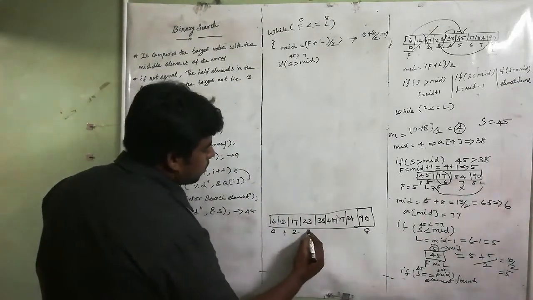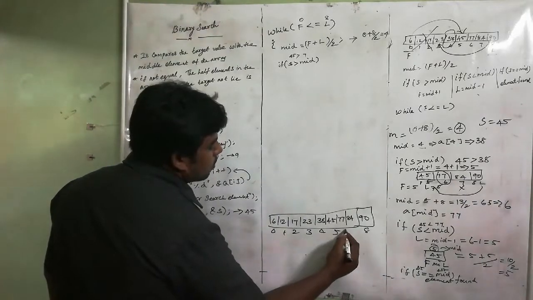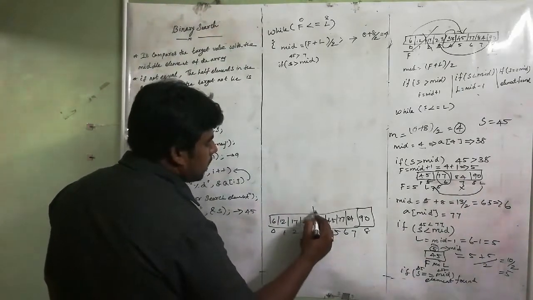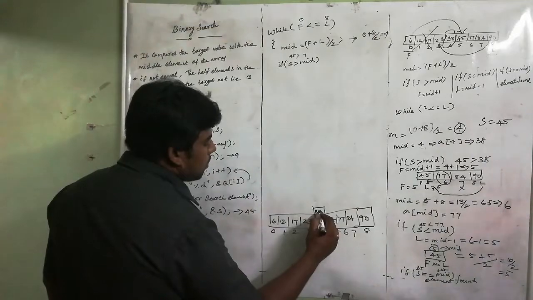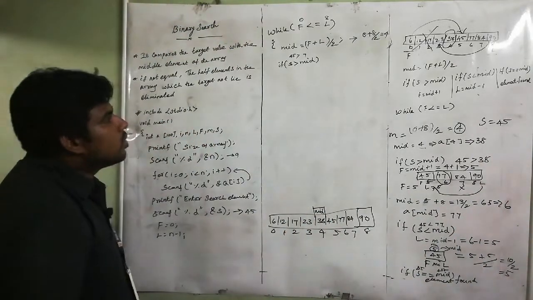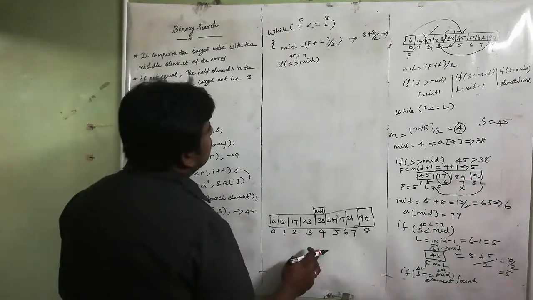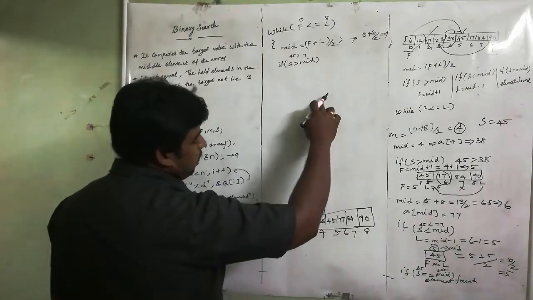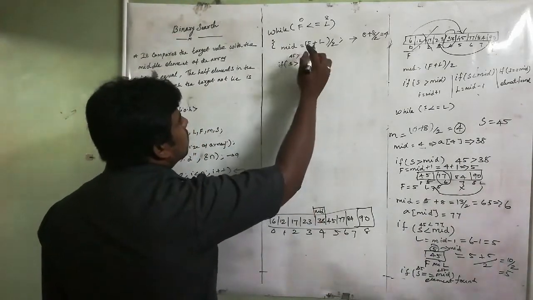So which one is mid? This is the mid, 4. Mid is 4 now. So what is present at index 4? 38.